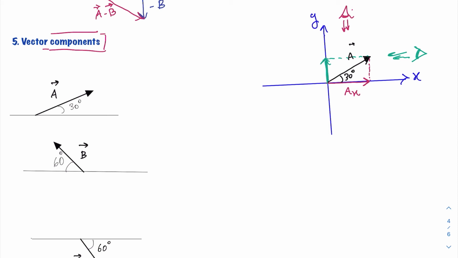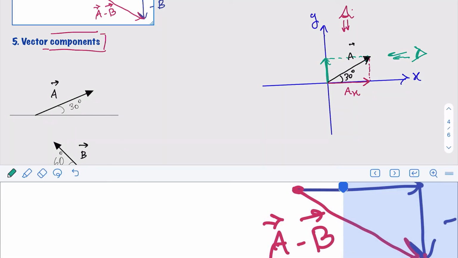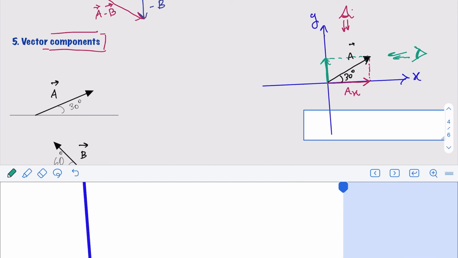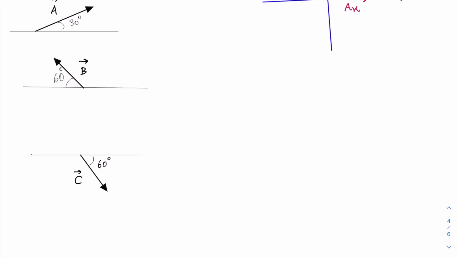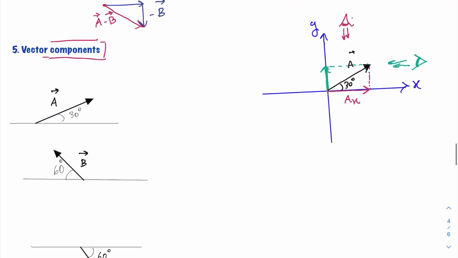So I don't see the size of A. I can only see the projection of this vector, which is not the same as the vector itself. So it's only a projection. Since it is on the y-axis, we call it the y component. So I will show it by AY. AY means y component.